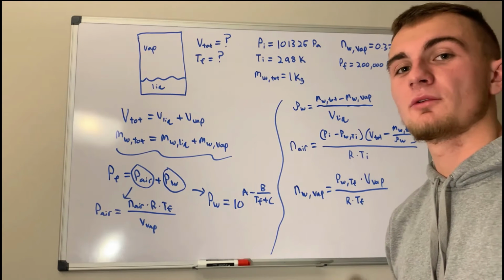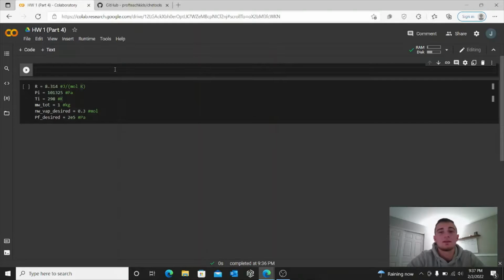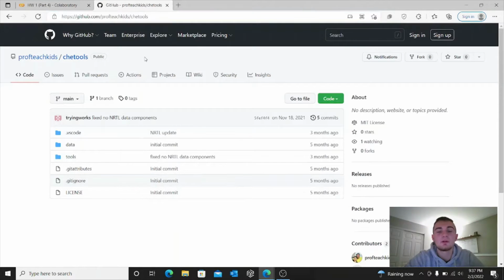So now we'll go into Colaboratory and write the code in order to determine the values. Okay, so welcome back into Colaboratory, and the first thing that I'm going to be doing here before we actually start writing the code is I'm going to insert some pre-written code that will allow us to determine certain aspects of certain substances based on data that we have been given.